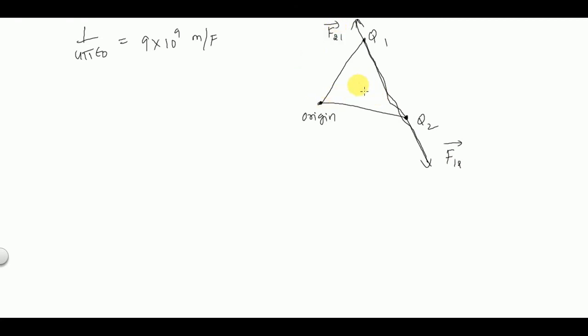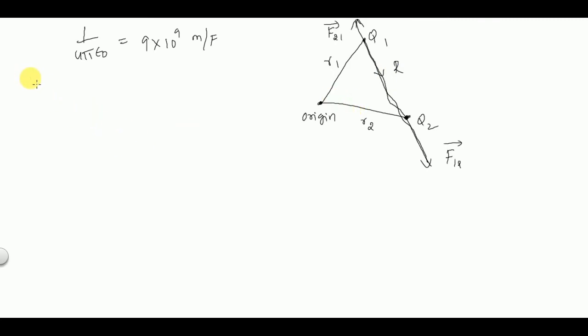Suppose the distance from the origin to Q1 is R1 and to Q2 is R2, then the distance between Q1 and Q2 is R, the capital R.